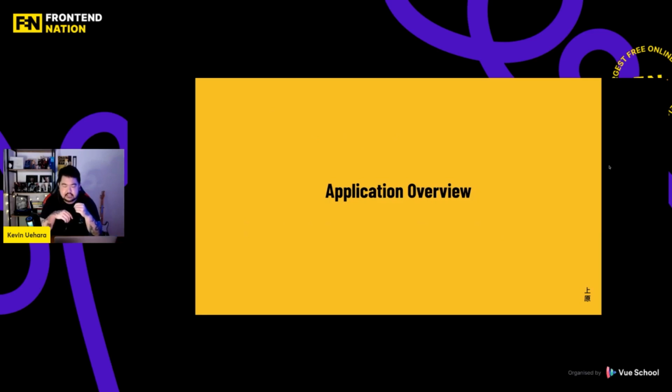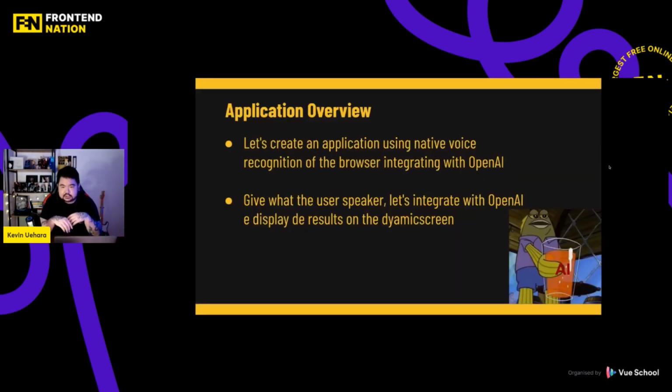Let's see the application overview. So let's create an application using the browser's native voice recognition and integrate it with OpenAI. Given what the user speaks, let's integrate with OpenAI and display the result dynamically. Sorry for my bad slides, but dynamically on the screen.